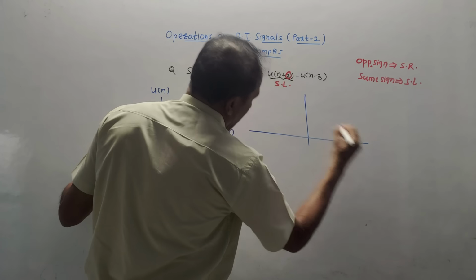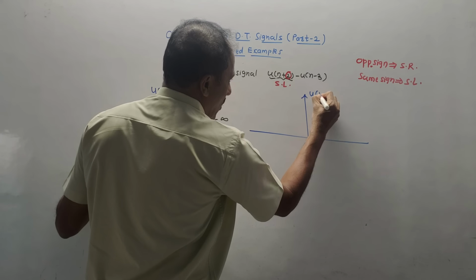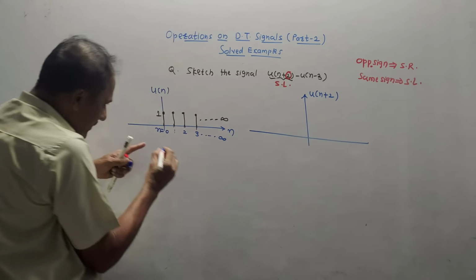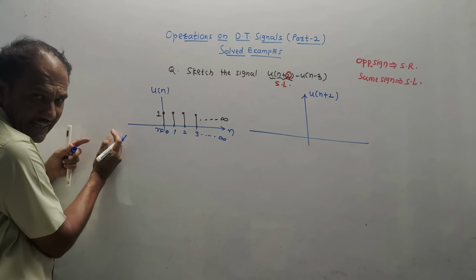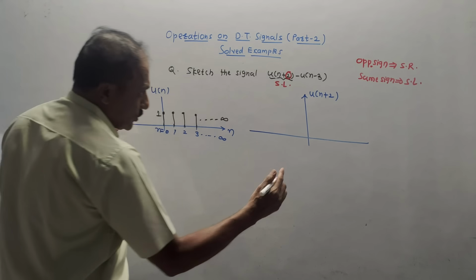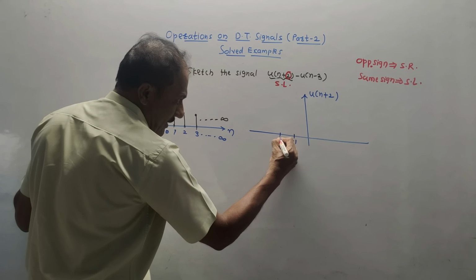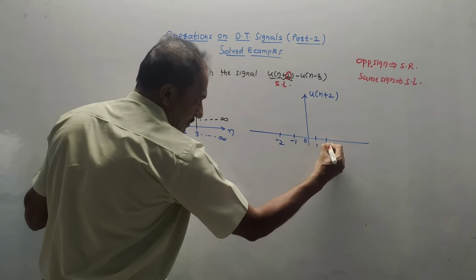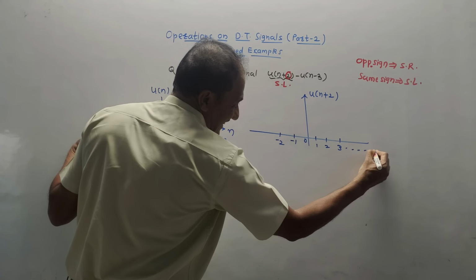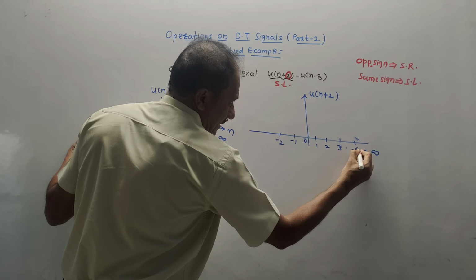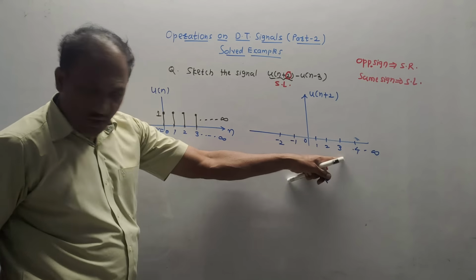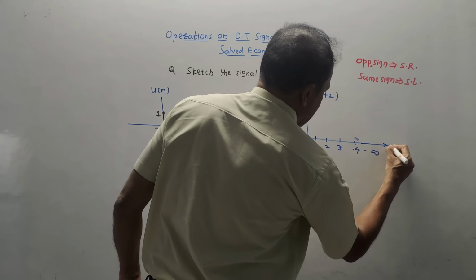How to think? I want to draw the diagram for u of n plus 2. The original diagram was starting from 0. I have to shift this diagram left by 2 positions. So 2 positions means this is minus 1, minus 2. First I will mark the entire scale, say till infinity. So I have marked the scale on the n axis.